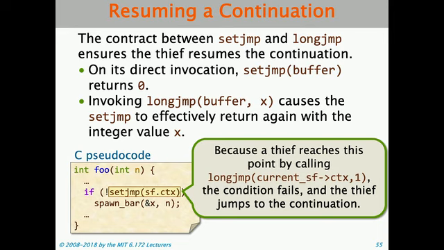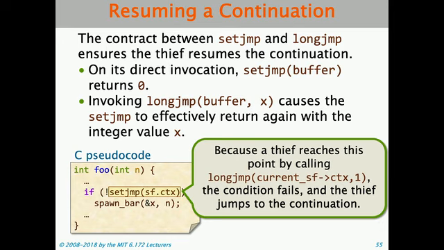Now, if you invoke a long jump using the same buffer, that causes the processor to effectively return from the same set jump call that used the same buffer. But now it's going to return with a different value, the value specified in the second argument. So invoking long jump of buffer x returns from that set jump with the value x.